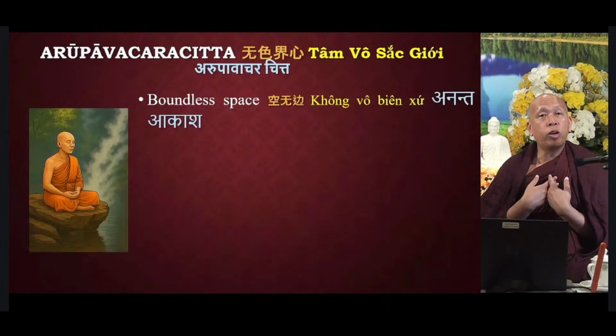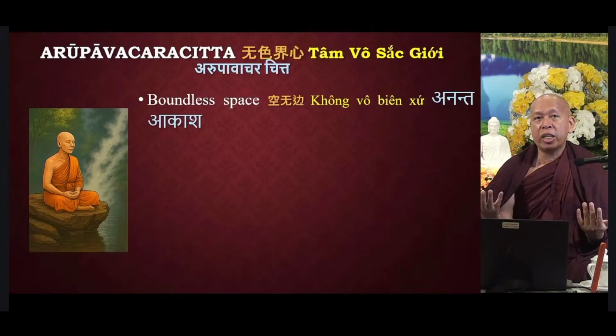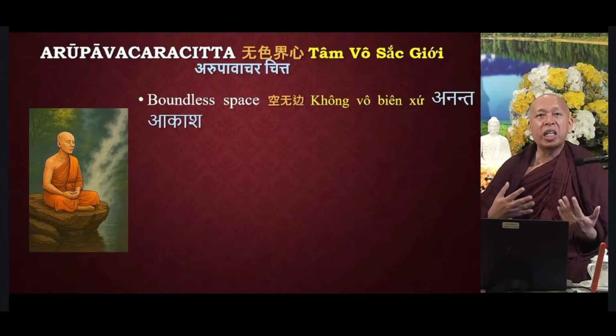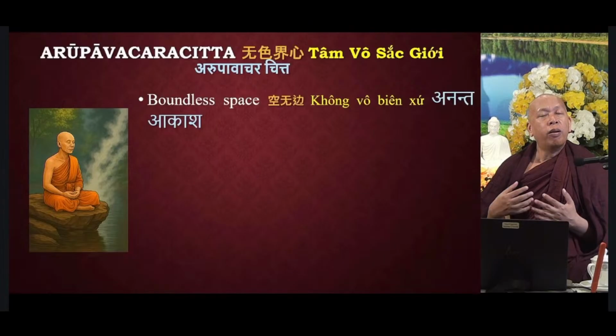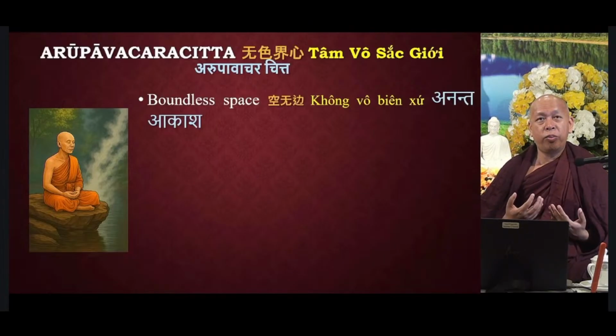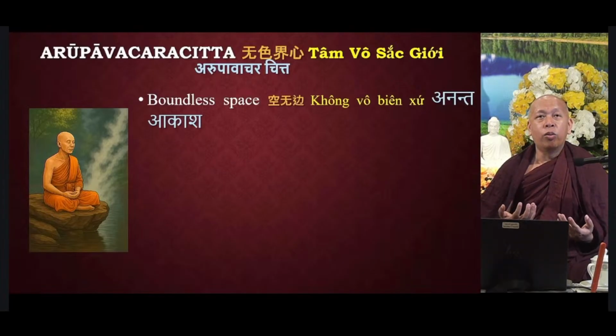For example, this body is made of parents' sperm and egg. Originally, it's also impure. Because of this body, we have a lot of sickness. We have eye disease, ear disease. We also have a lot of arguments and quarreling, fighting, torturing. We have to encounter all these things because of this physical body.